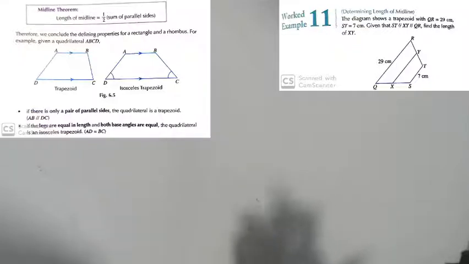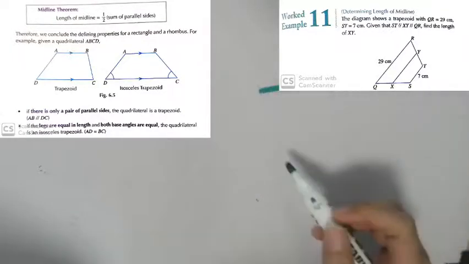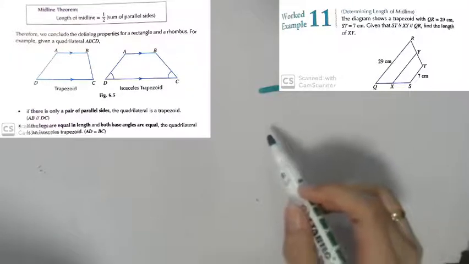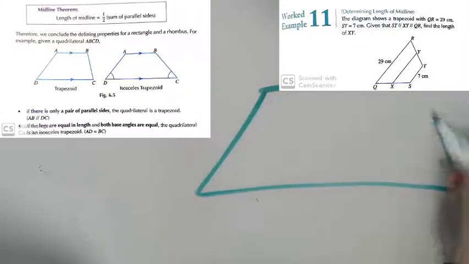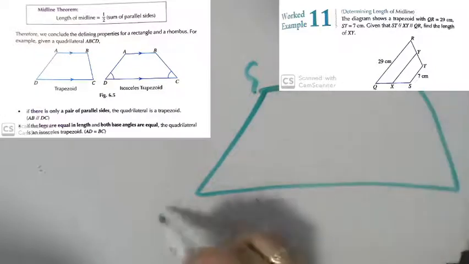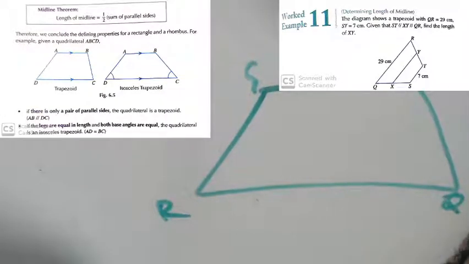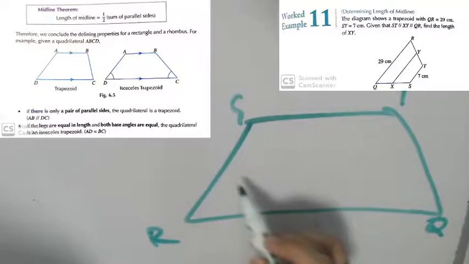When we say average, it's just like getting the sum of the two bases and then dividing it by 2. Given here that we have a trapezoid STRQ, and we have here the midline.